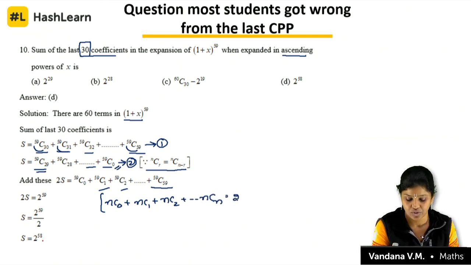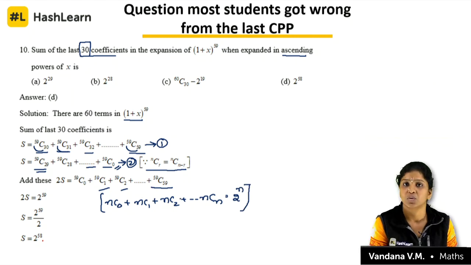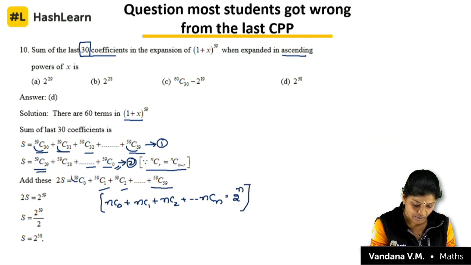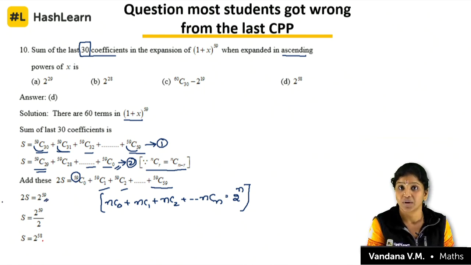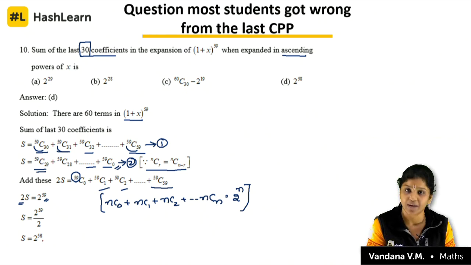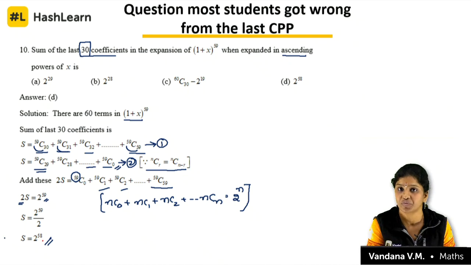Here the n value is 59, so I get 2^59, but I want only S. So if I send the 2 to this side, it will divide. 2^59 by 2, I will get 2^58.